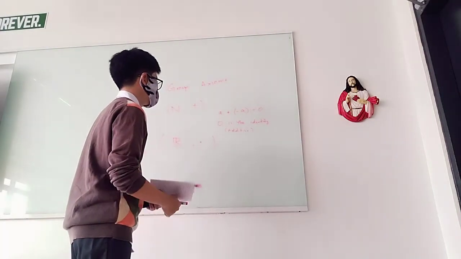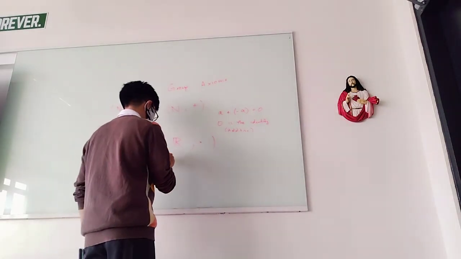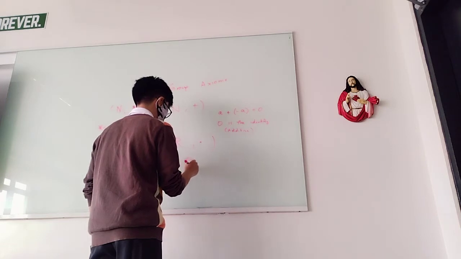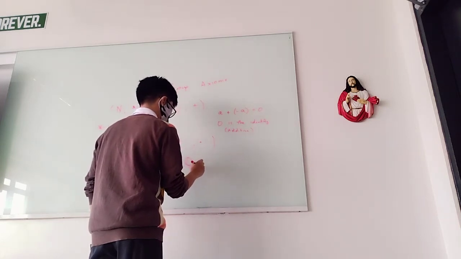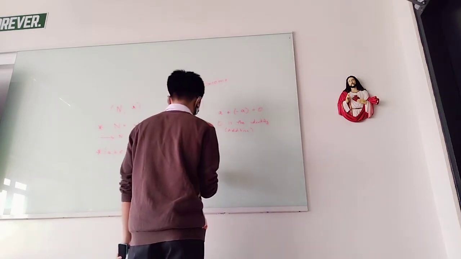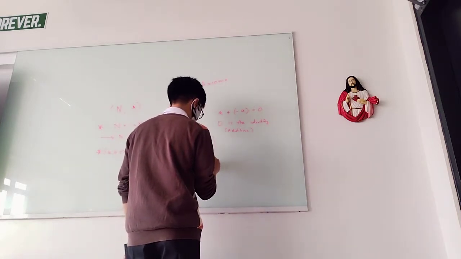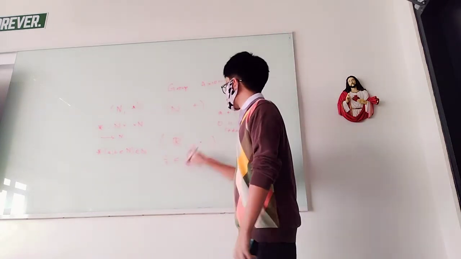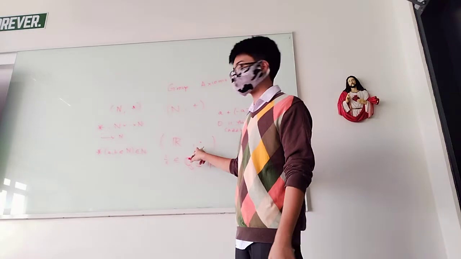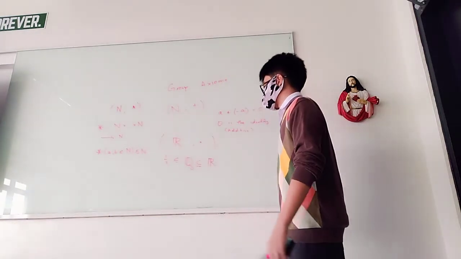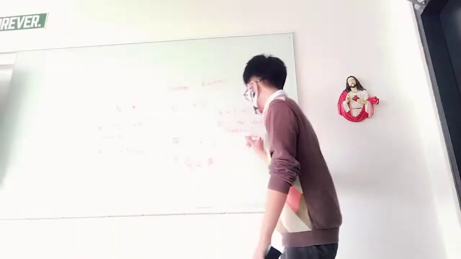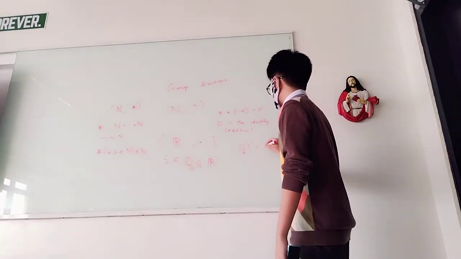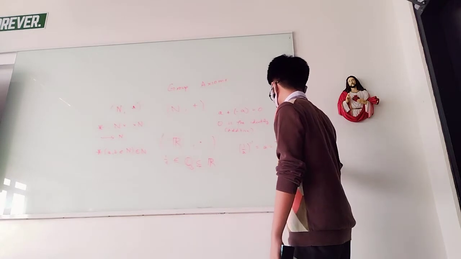Because the rationals, like 1 over a, are part of the rational numbers, and the rational numbers are a subset of R. But the rational numbers on their own, equipped with the multiplication operator, will not form a multiplicative group, because if we take the inverse of 1 over a, we would get just a, because that's 1 over 1 over a.